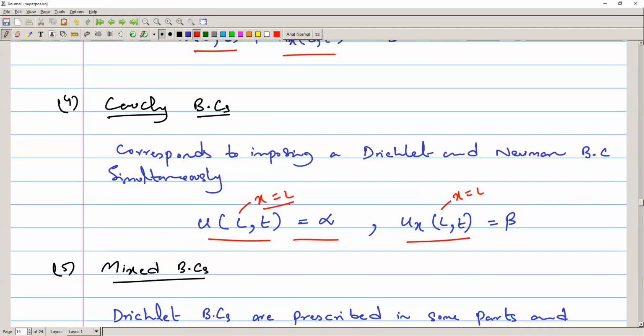So this should be similar, right? If it's 0 here, then it should be 0 here. If it's L here, then it should be L here, right? So these are equal to constants alpha and beta. And again, if alpha and beta are 0, then these are homogeneous. Otherwise, these are inhomogeneous boundary conditions, right?